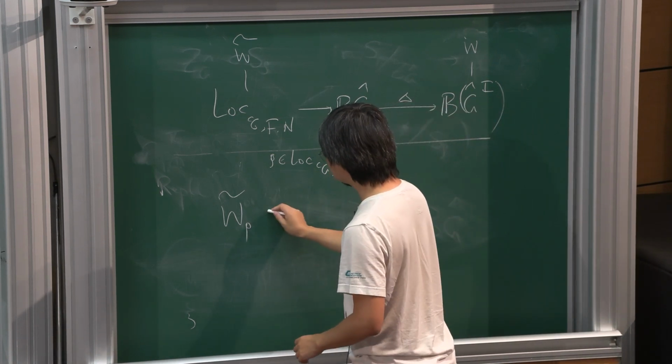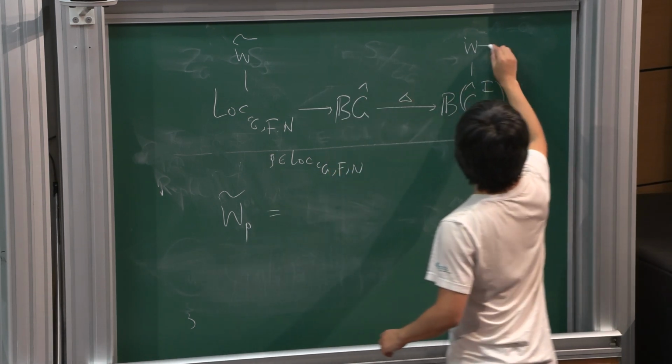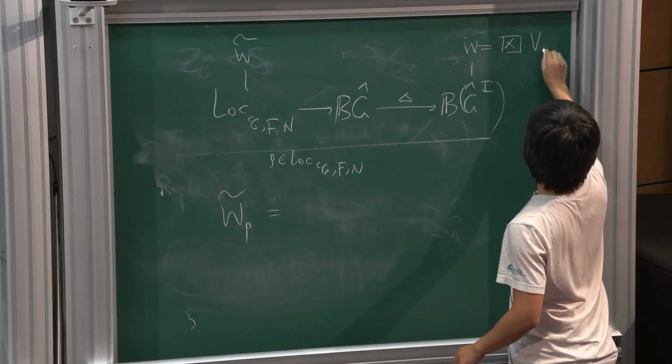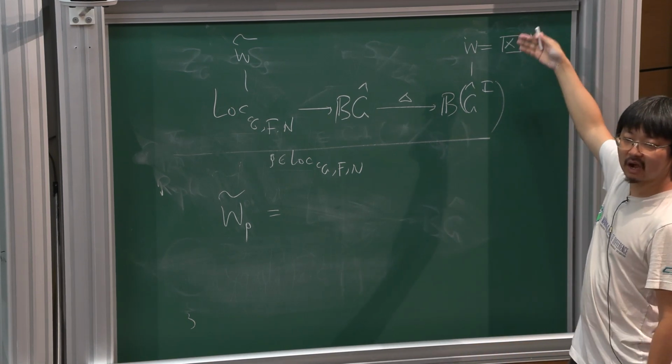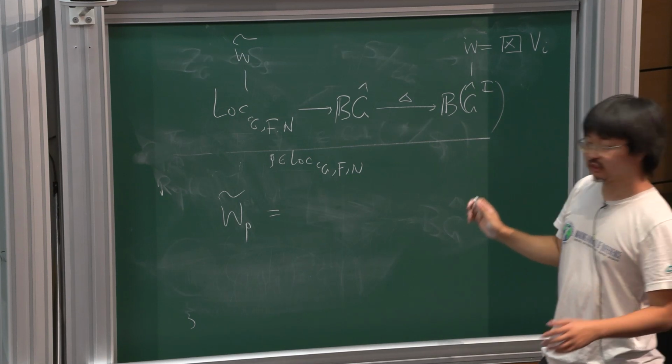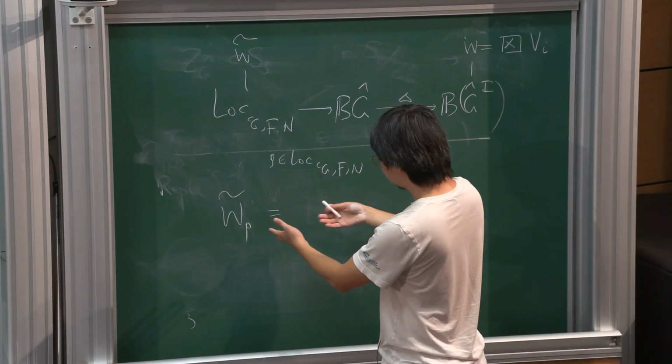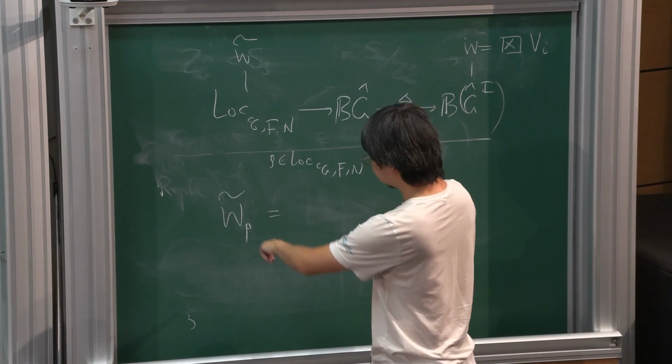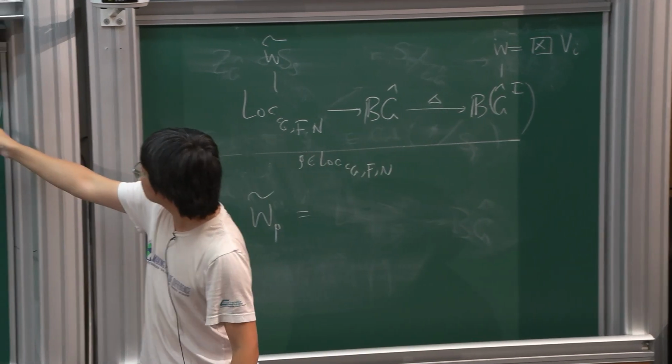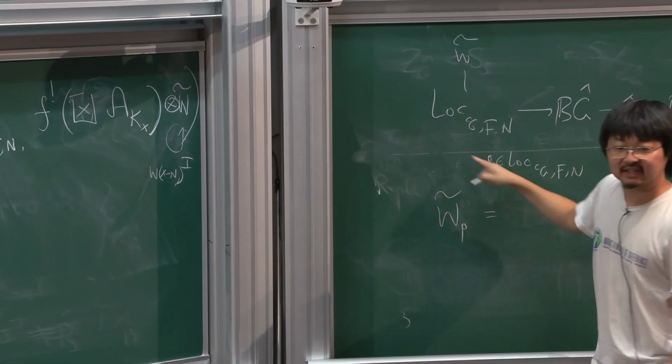Then let me think of this as just the exterior product of representations of Ĝ to the I. Then this guy will be acted on by Galois. I claim the Galois group acts on this as follows; I describe how it acts on the fibers.